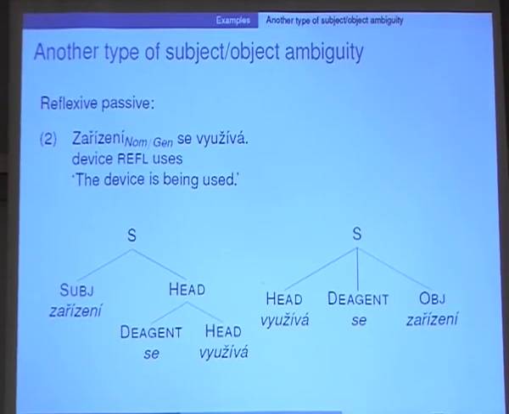Reflexive passives. In sentence 2, we see the sentence zařízení se využívá, and there are at least two readings of this sentence again. Either zařízení is subject, then it is in the nominative case, and then se is marked as the agentive function, or zařízení is object, and then se is also the agentive function, and in both cases, využívá is the head.